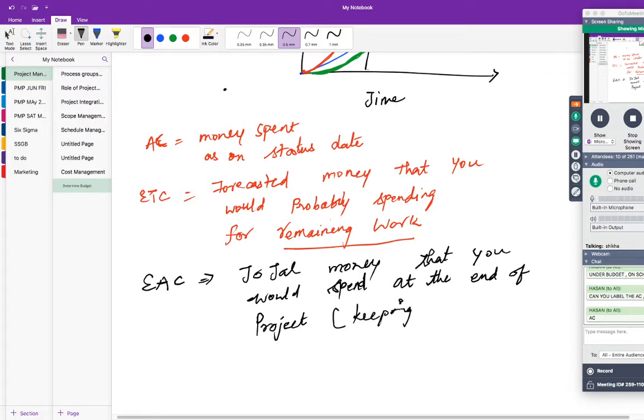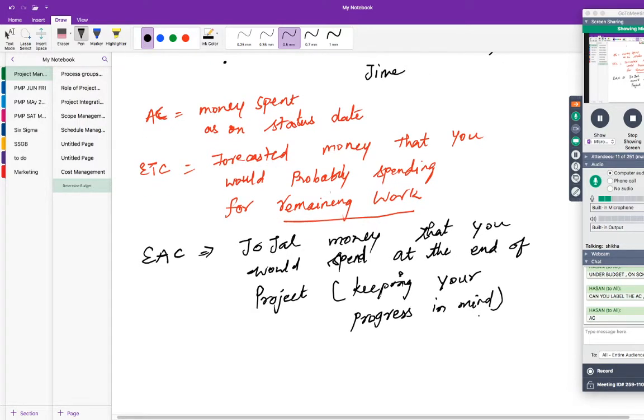Not your original estimate, keeping your present progress in mind. So your present progress shows you some EV, some AC. Keeping that progress in mind, you are identifying the money that you will have spent at the end of your project.